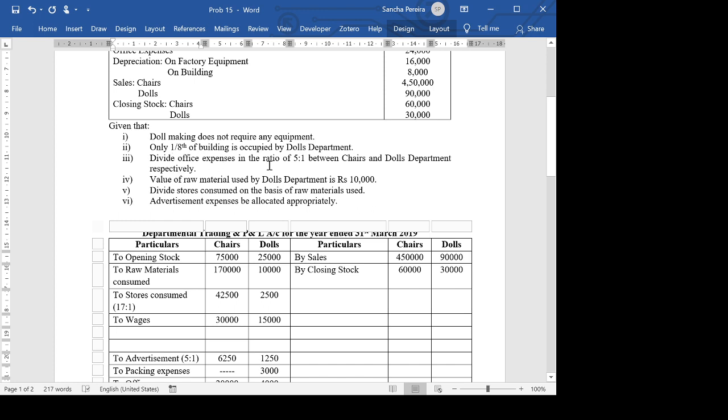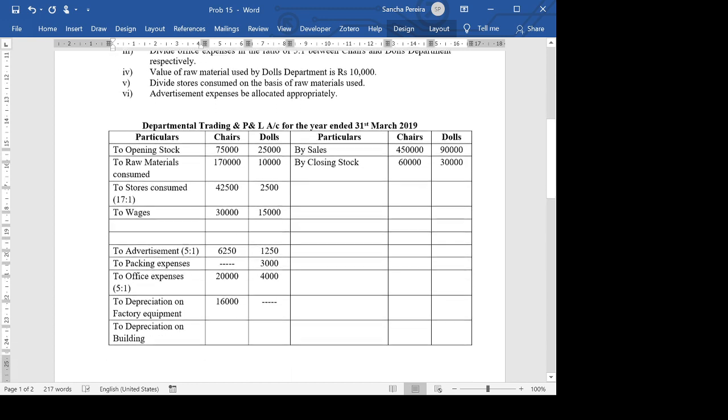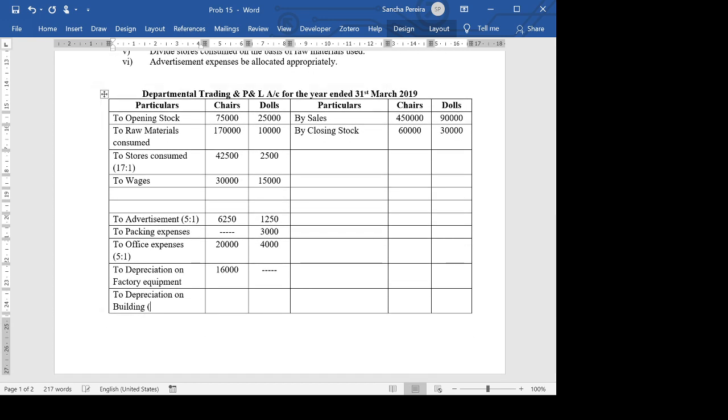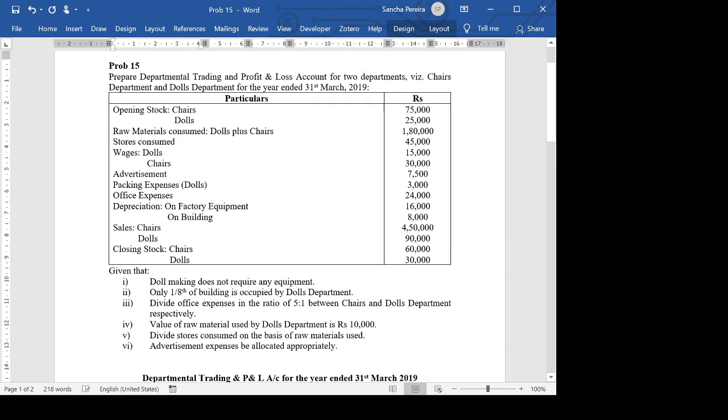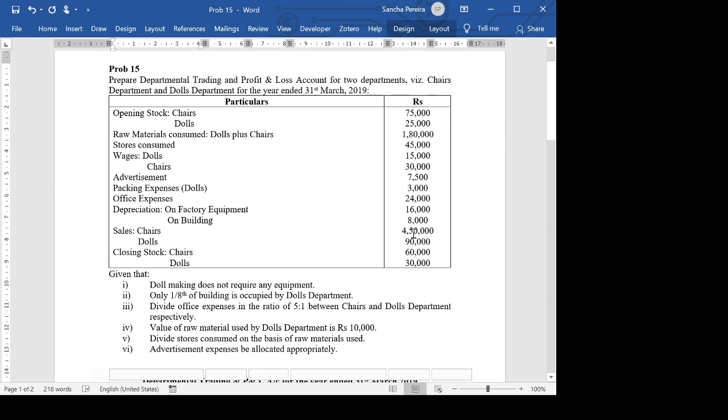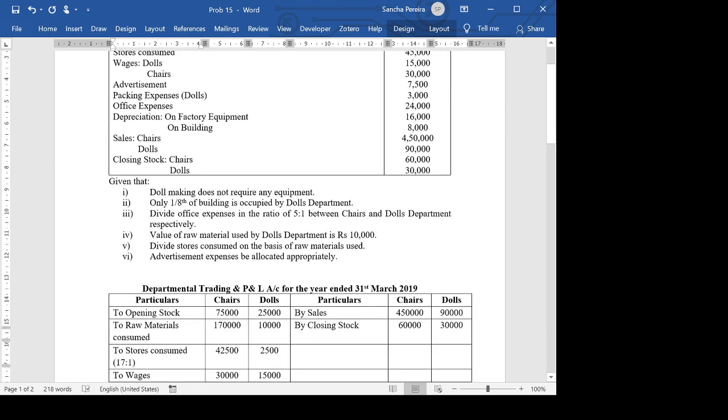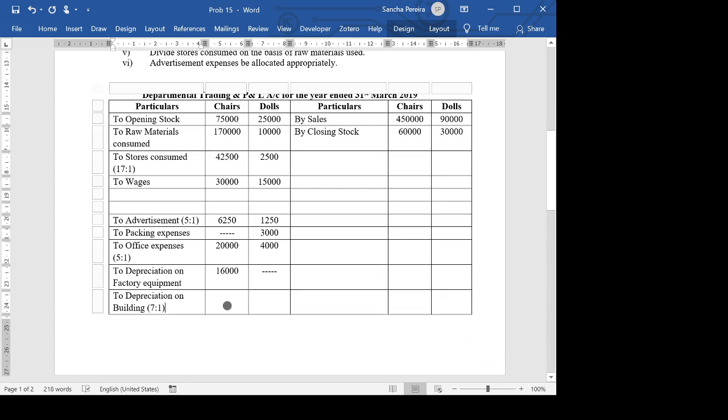Okay, 8 is a whole. Out of that, one part is for dolls and the remaining 7 parts out of 8 become for chairs. So it becomes 7 is to 1. Divide depreciation on building in the ratio of 7 is to 1. The total is 8,000, so it will be 7,000 and 1,000. That's it.